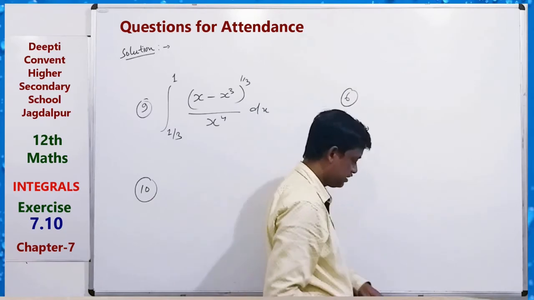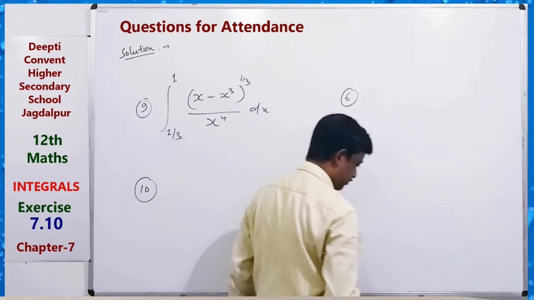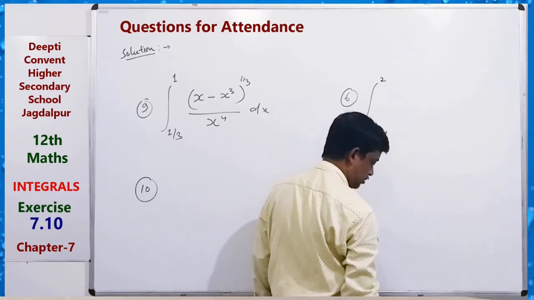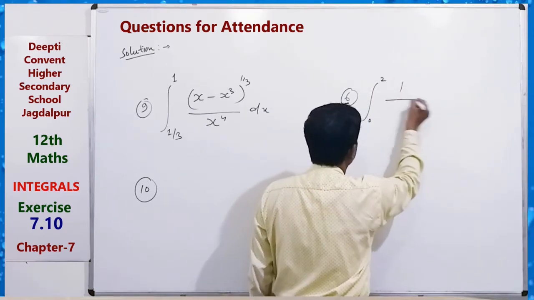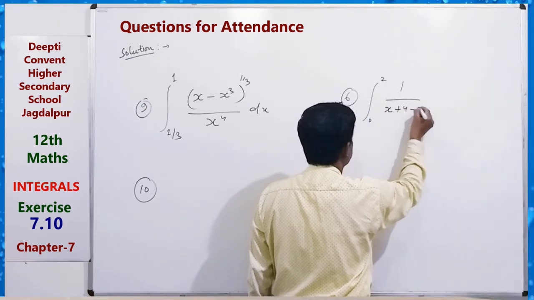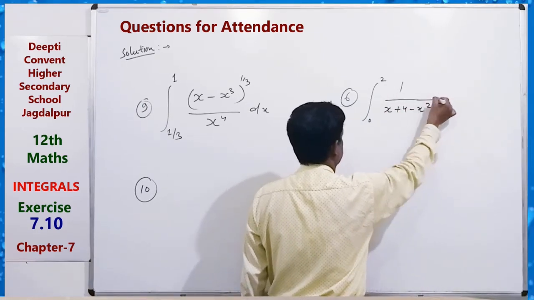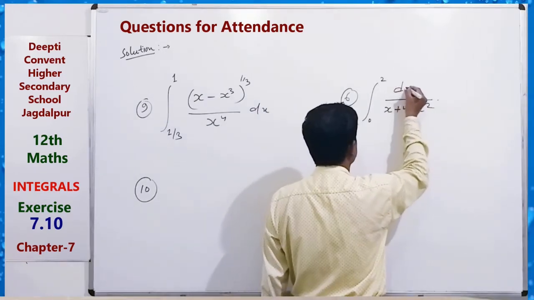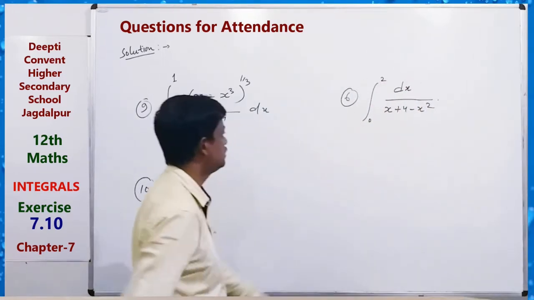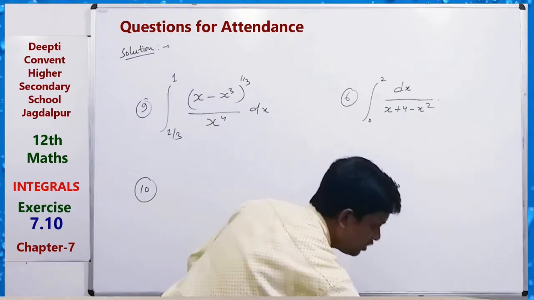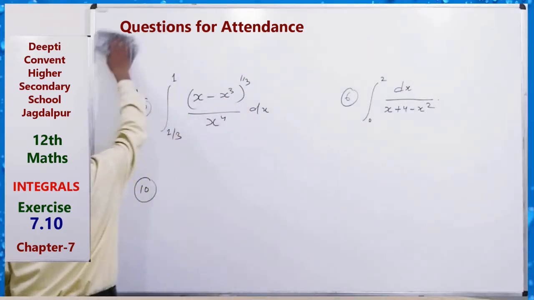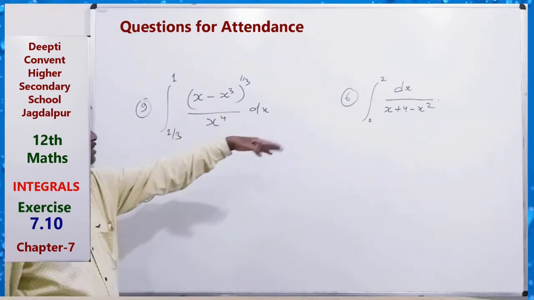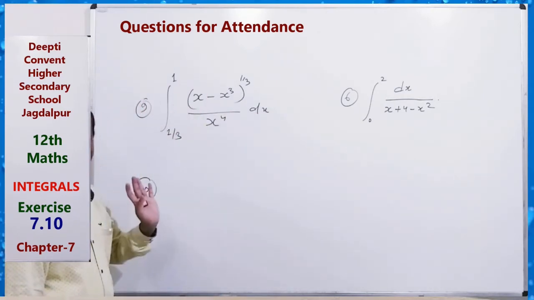Question 6 is: the integral from 0 to 2 of 1 upon x plus 4 minus x square, dx. These are the questions for your attendance, from the exercise. Question 6, question 9, question 10.